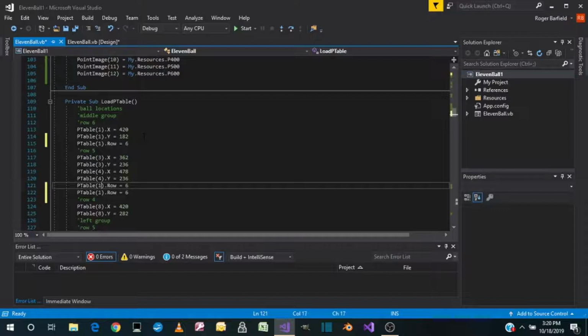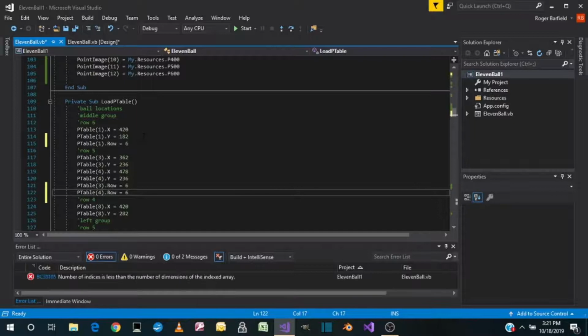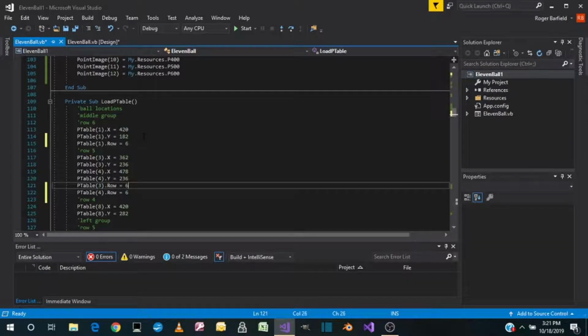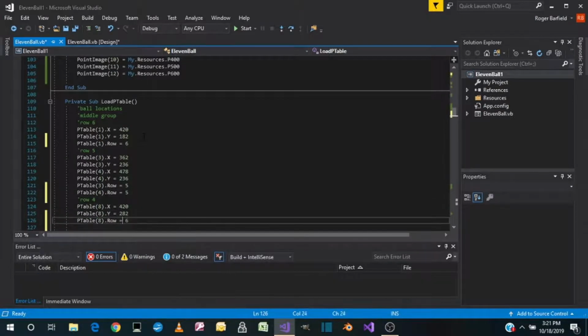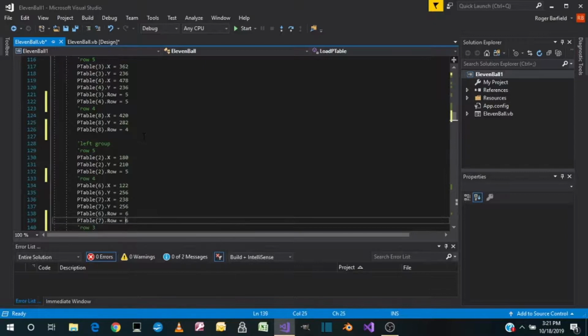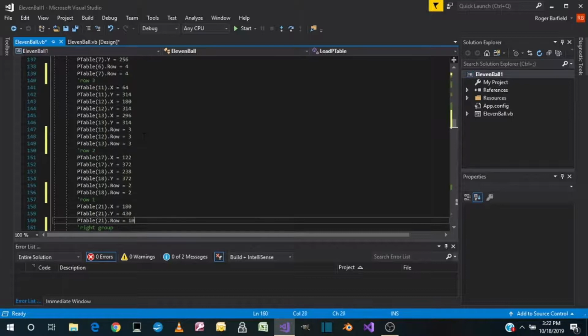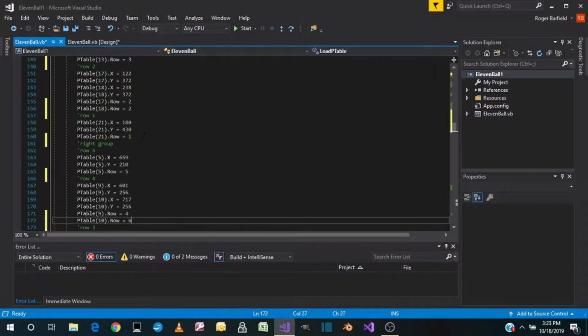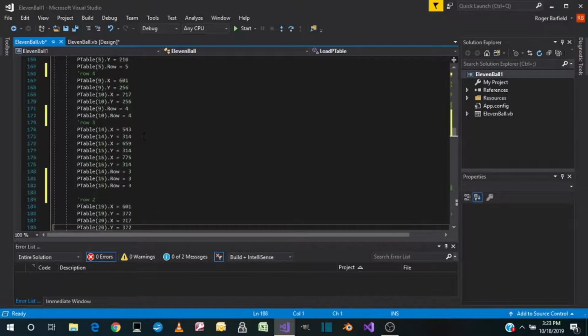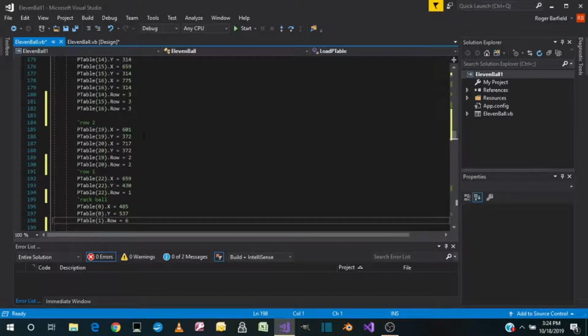Ball 3 and 4, and their value is 5. Okay.